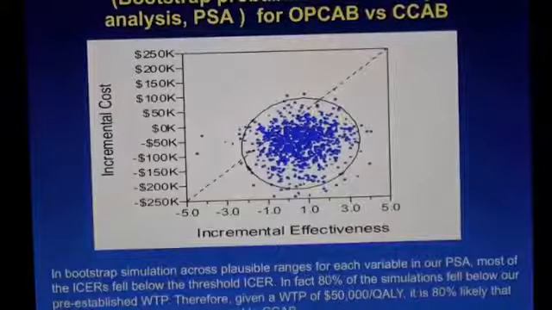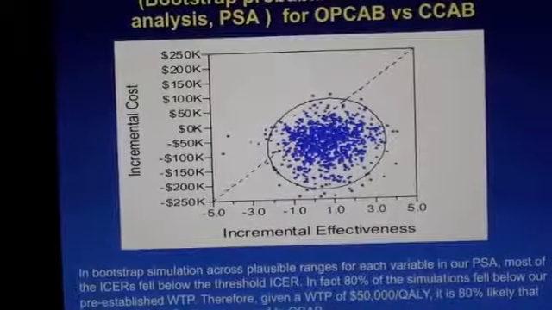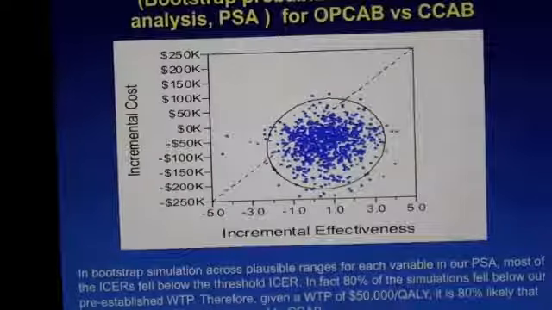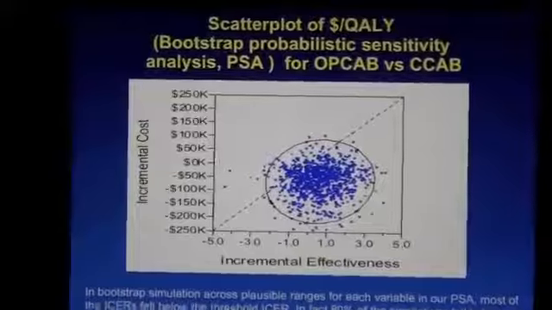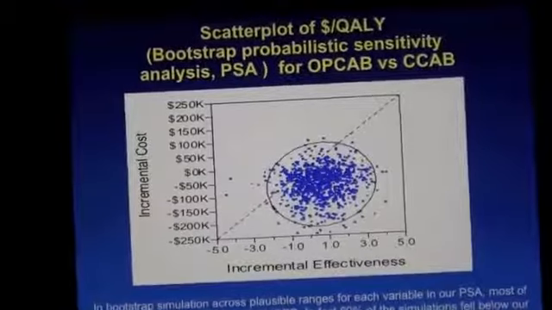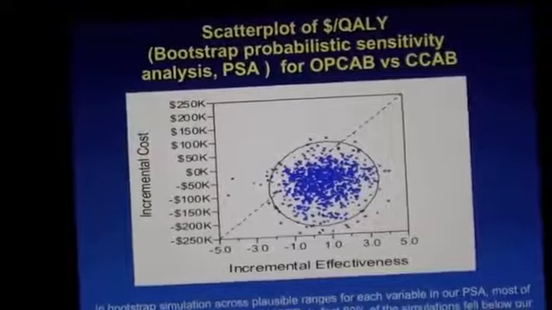But here's an example then of what we can do given the fact that any of the parameters within our economic analysis also have confidence intervals around them and uncertainties around them and different distributions of possible effects.